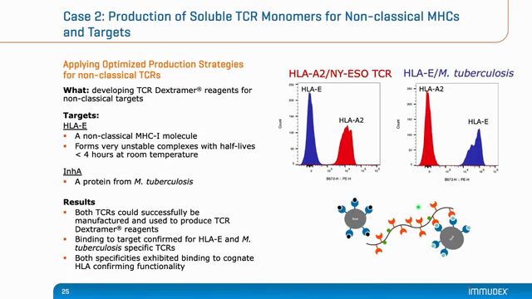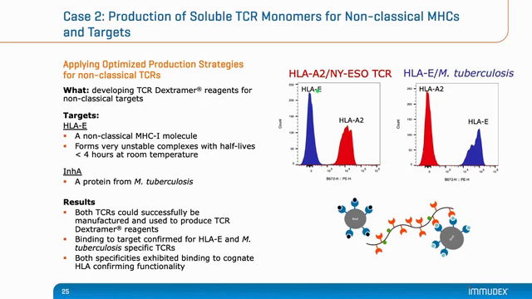Here's another example where we've taken a non-classical MHC as a target and a TCR targeting this HLA-E molecule. Again, we've tested the TCR against the HLA-E complex against its native beads, and we see that it binds specifically to those and not to an unrelated A2 peptide MHC complex.